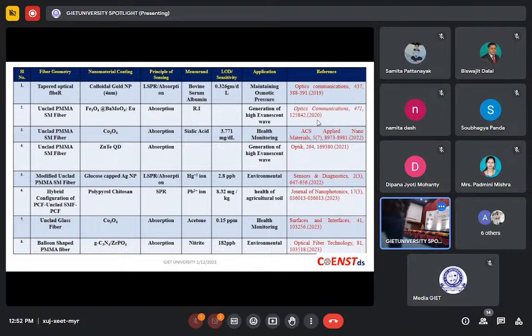This is another PMMA single fiber, and the material provided is a quantum dot. This is again an absorption-based sensor. And this is a modified PMMA single fiber, and the material coated is a nanoparticle, based on a localized surface plasmon resonance sensor. And this is for a molecular application.